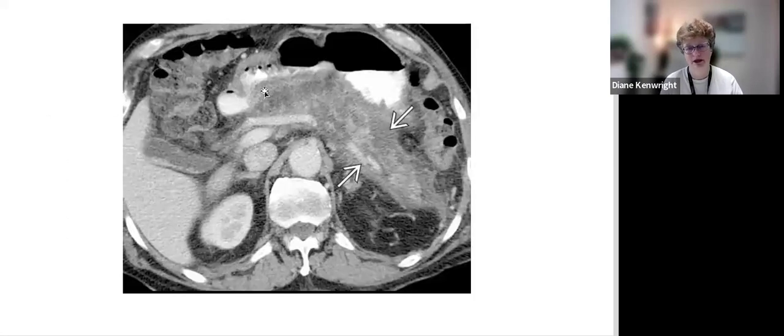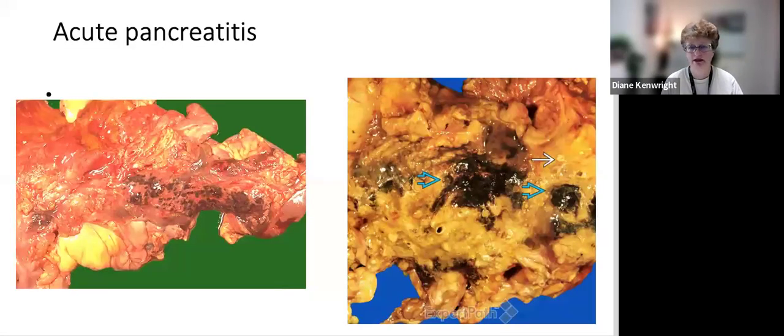So here's the pancreas. And we can see that there's these white streaks. And this is because the pancreas is releasing lipase and activated trypsin and dissolving itself and forming this kind of chalky mess. Here we go. So this is acute pancreatitis.